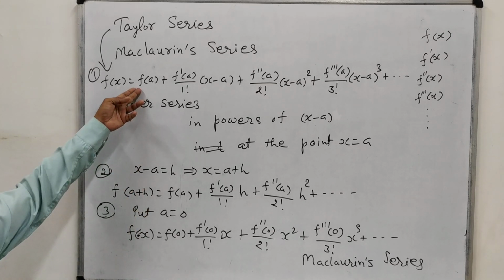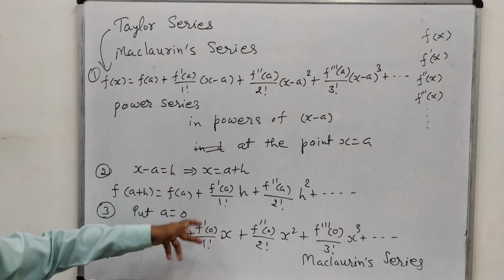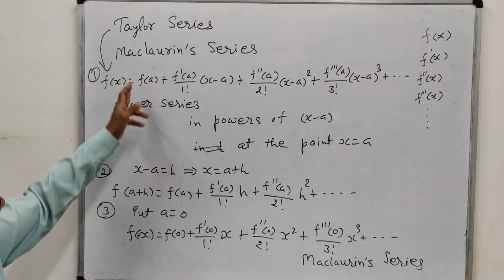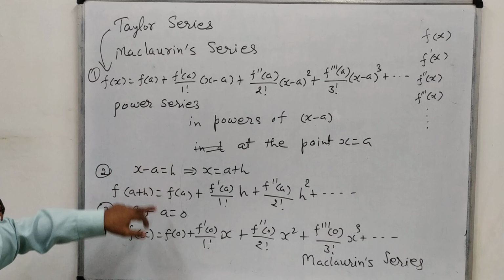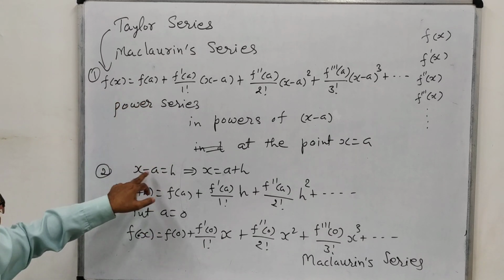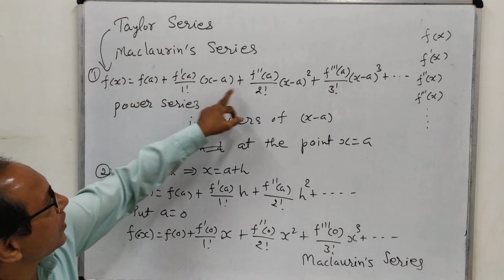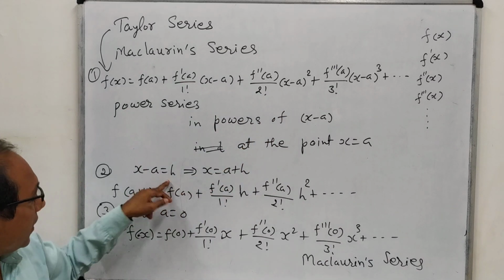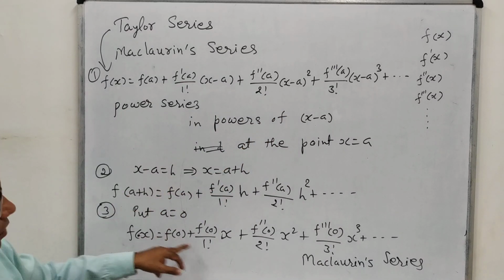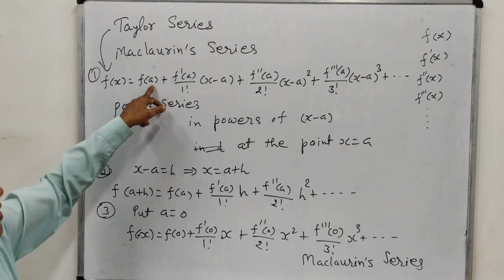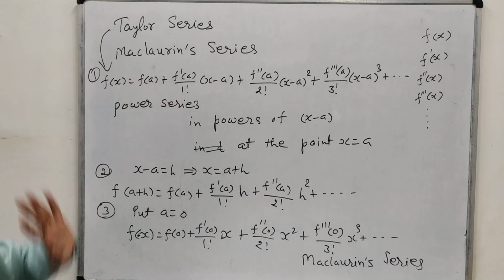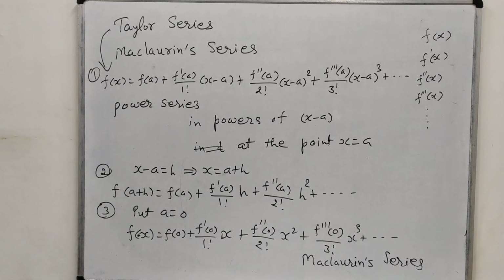If you remember the first formula, then these two formulas can be remembered very easily, because we have obtained these two formulas directly from it by putting x minus a equal to h. And in the third one, in Maclaurin series, we have substituted a equal to 0. Okay? So this kind of formula we have seen.